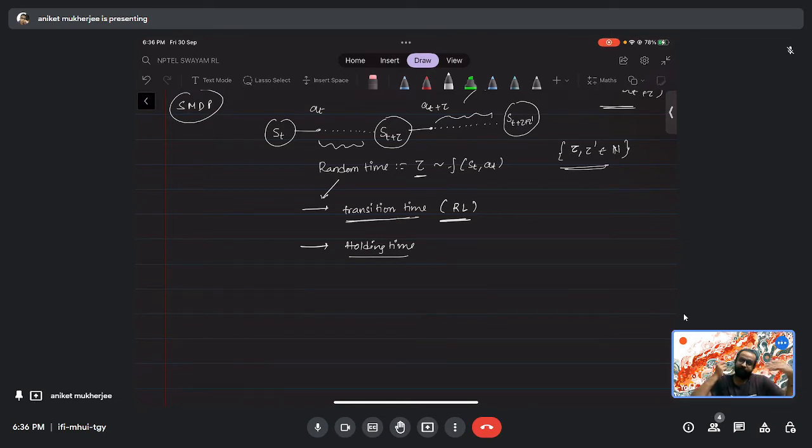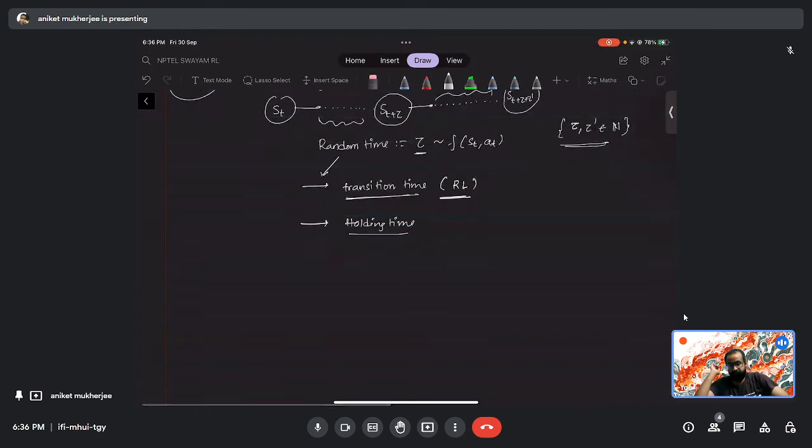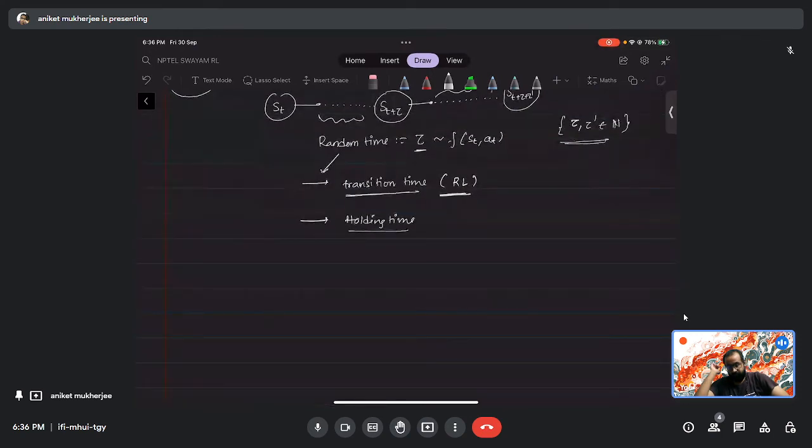Then you take action at time t plus the positive integer time that you have waited previously. And now you wait for tau prime amount of time, a positive random integer tau prime, and then you take another transition.